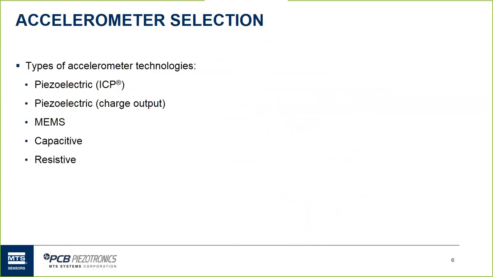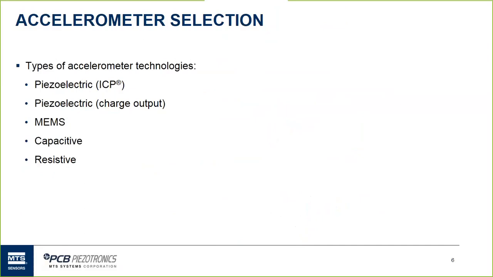So what types of accelerometer technologies are available to you? Piezoelectric accelerometers are predominant from a dynamic measurement technology. We have, or they're offered on the market, what we refer to as ICP technology, where you have a piezoelectric sensing element with onboard electronics to convert a high impedance output signal to a low impedance voltage.